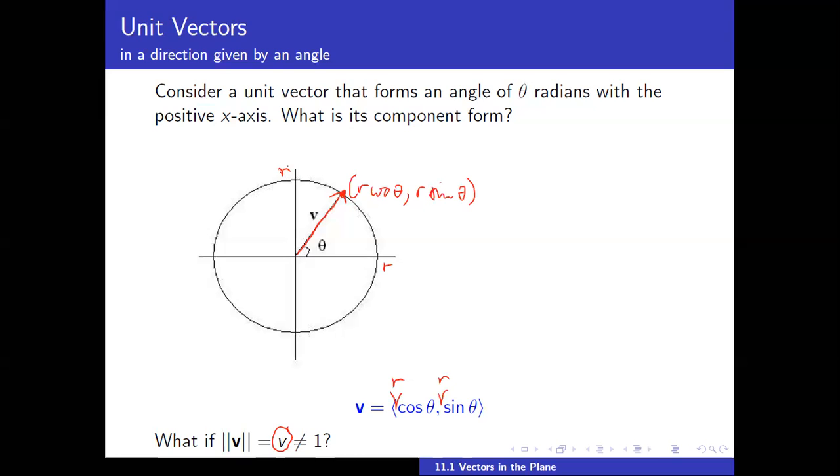It's like we've just scaled this unit circle by r units. Does that make sense? And therefore we see polar coordinates making an appearance. We can describe the direction of a vector with the angle theta in polar coordinates. Okay. Any questions on that?